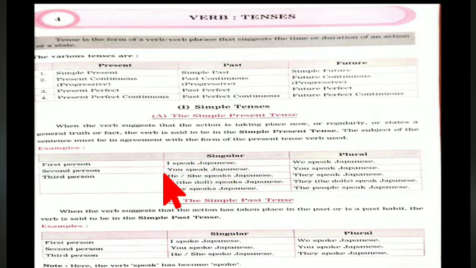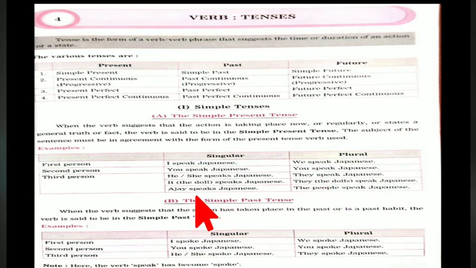Now look at these examples given here. First person, as you all know, I. When we had learned pronouns, at that time personal pronouns, everything had been explained. So now first person, we are taking an example where I is used. I speak Japanese. We speak Japanese. Singular form, plural form.